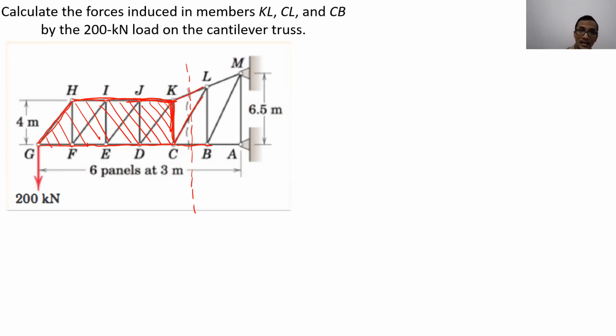In order to use the section method, we have to make sure that after we cut, the other part where we don't cut will stay rigid. Then the part that stays rigid, we will draw the free body diagram of that particular part.